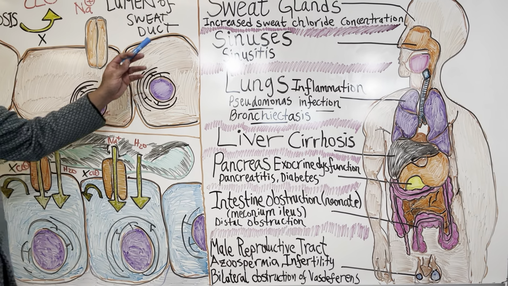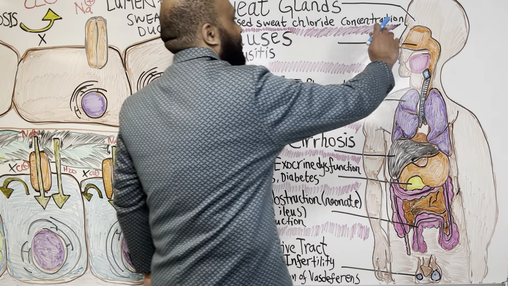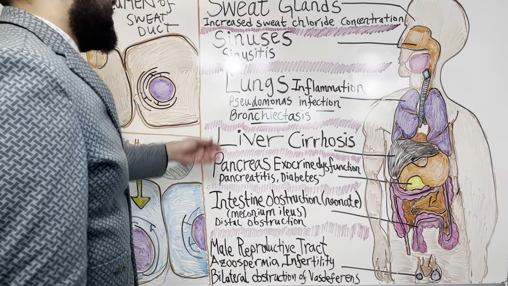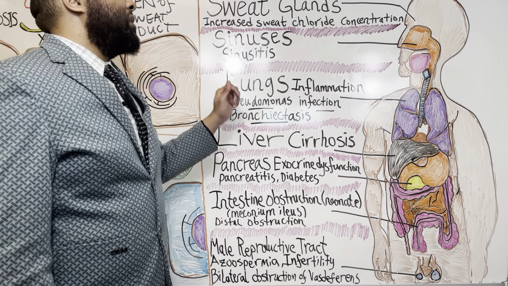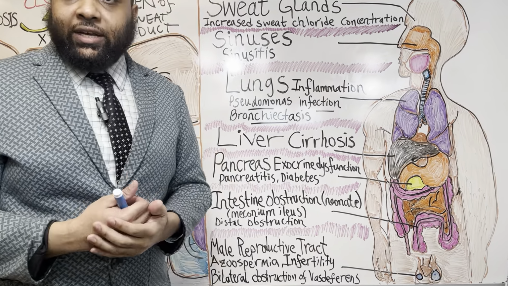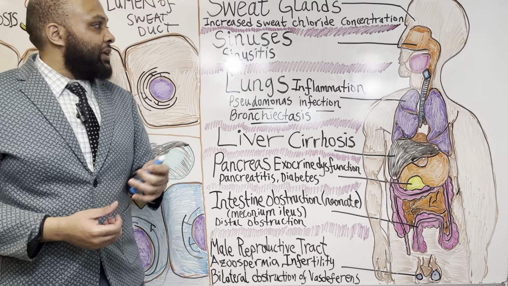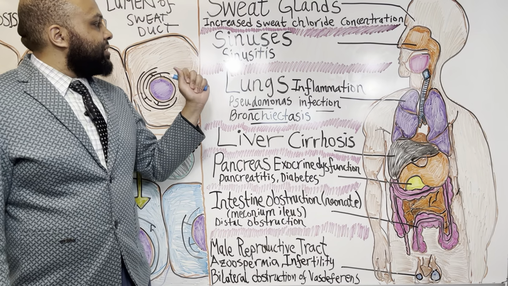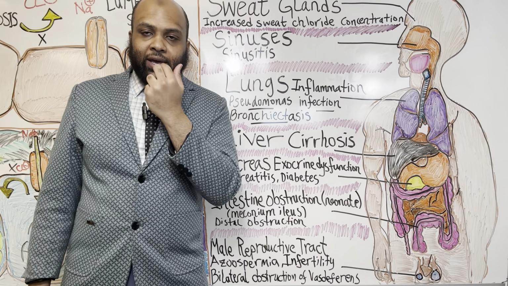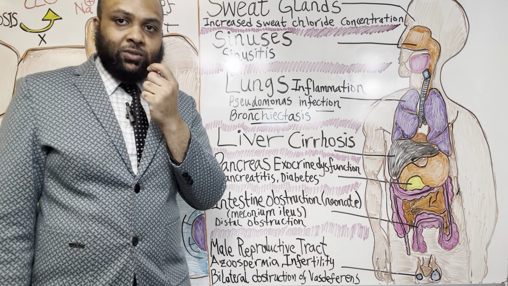So, number one, sweat glands. The patient with cystic fibrosis has a lot of sweat on their forehead. So there's increased sweat and sodium chloride concentration on the integument, on the skin. In addition, sinuses: there will be sinusitis because the mucus is also in the nares, in the vestibules.